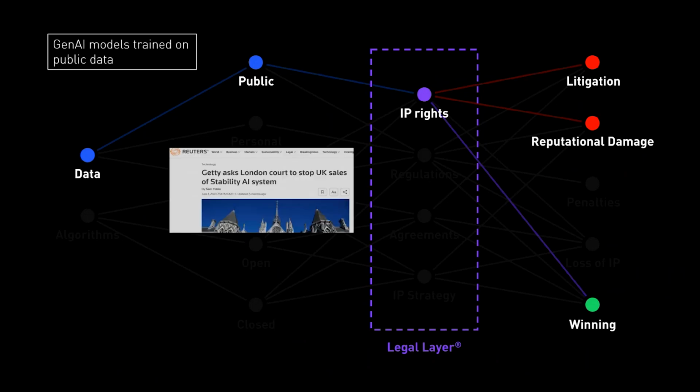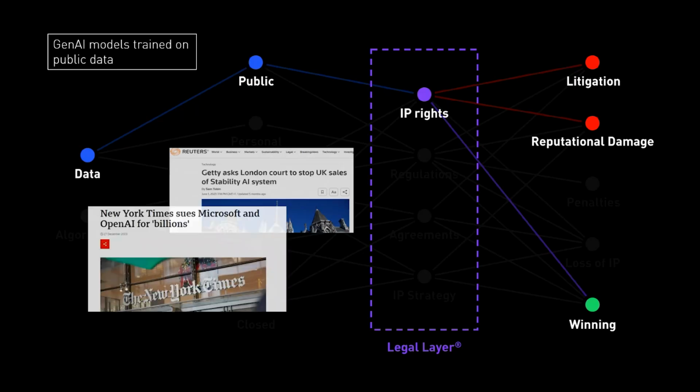Here are a few examples. First of all, Getty Images have sued Stability AI in the UK and the US for allegedly training Stable Diffusion on Getty's images without permission. Perhaps the highest profile case of all is New York Times, which has sued Microsoft and OpenAI for training its GPT models on their news articles.